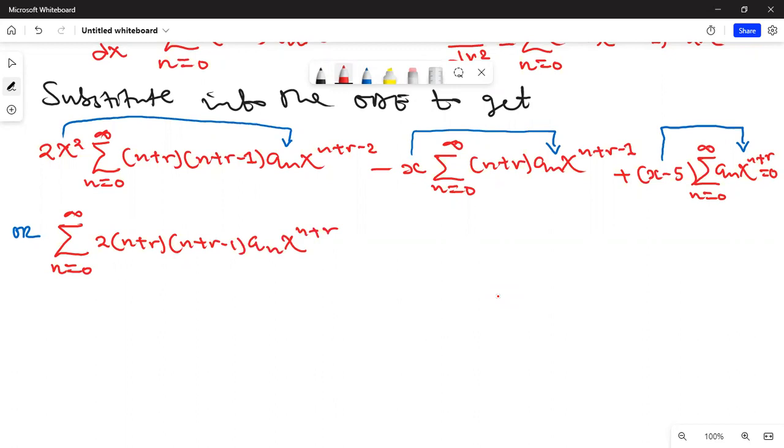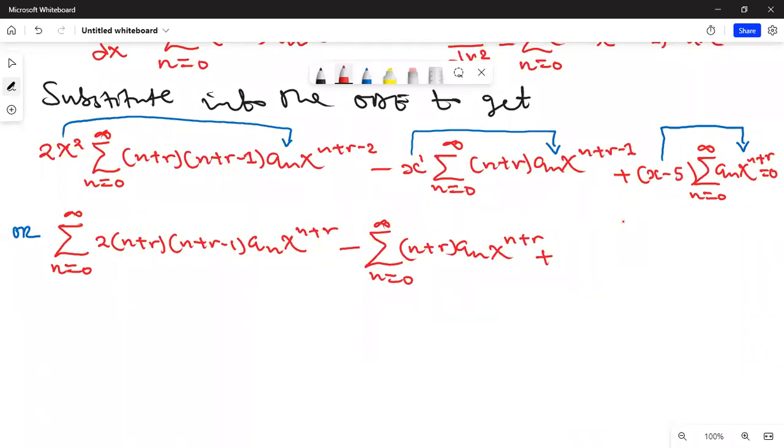The second summation, we are going to have minus the sum from n equals 0 to infinity of (n plus r) multiplying a sub n, then times x raised to n plus r. Again, laws of indices, remember here it is x raised to 1. Then the other one will be plus, and this one will give rise to two terms.